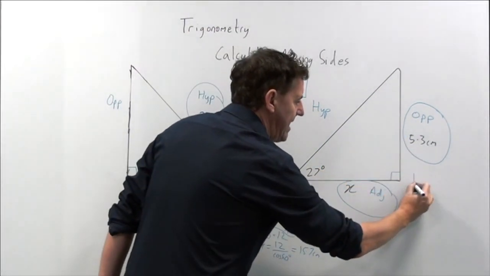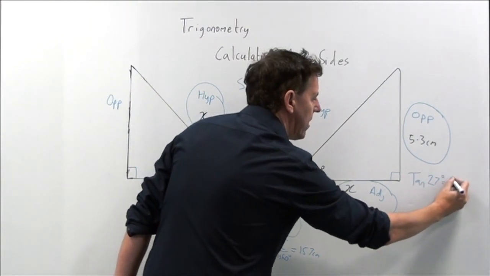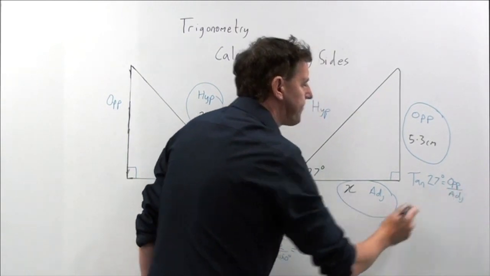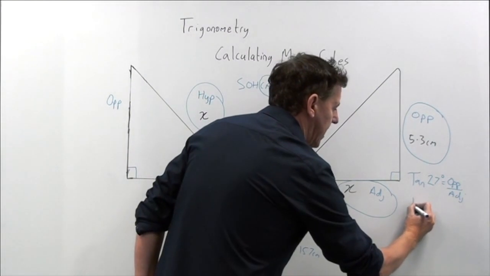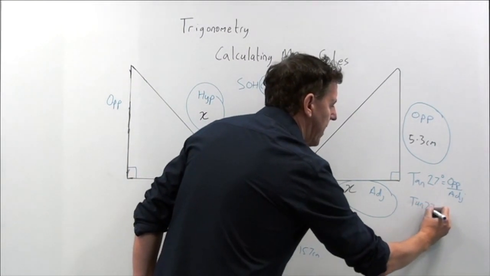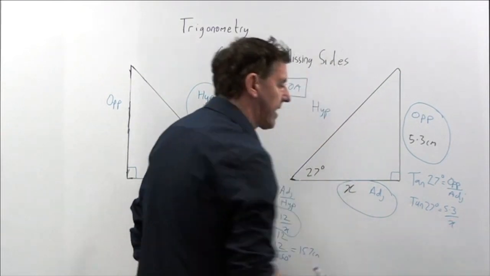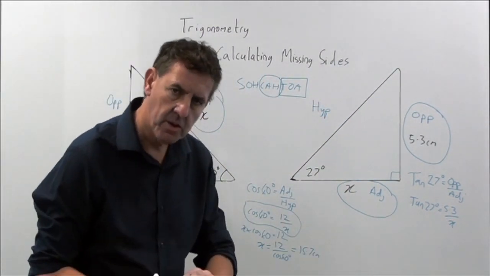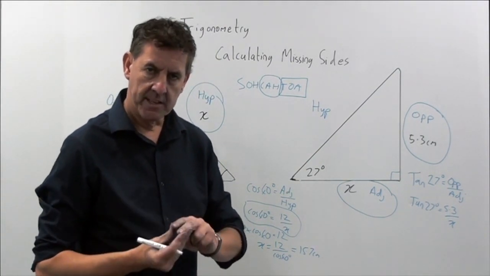Here I go, setting it up. I've got the tan of 27 degrees equals opposite over adjacent. I now put the opposite side in. The opposite side is 5.3. The adjacent side is x. What do we notice this time? The variable again is on the bottom. If the variable is on the bottom, we've got to bring it to the top.